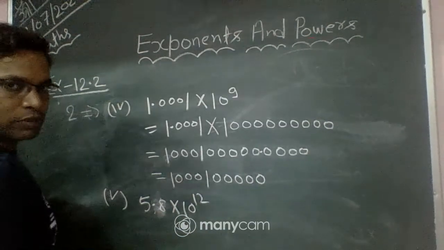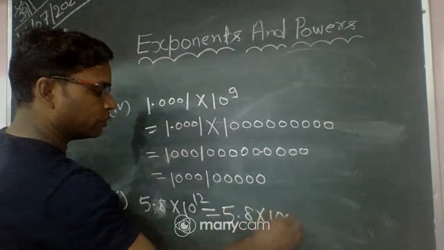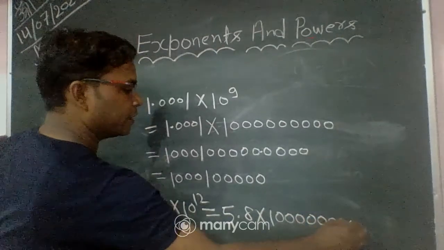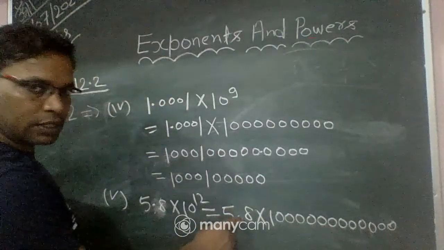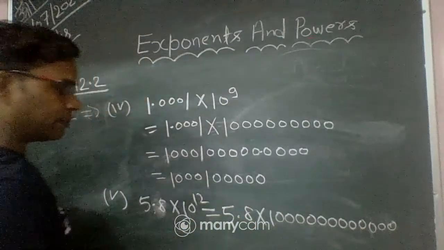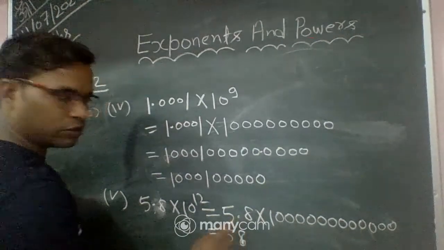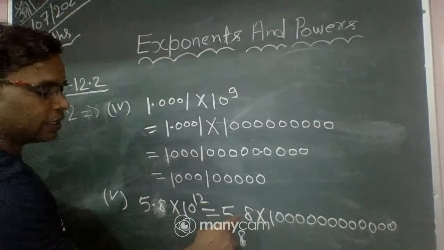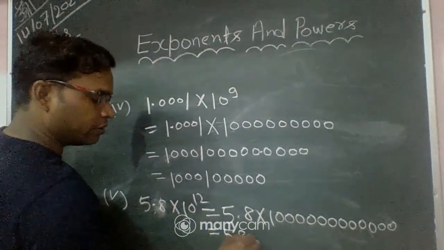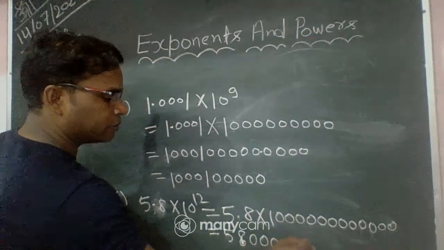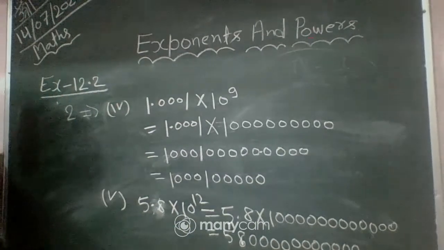Okay, then if you convert it, 5.8 into how many zeros? 12 zeros. You can see 5.8 has 1 digit after the decimal, so 1 zero is cancelled by the decimal, because the decimal is after 1 digit. So we have 58 followed by 11 zeros, 1, 2, 3, 4, 5, 6, 7, 8, 9, 10, 11. This is the required number.